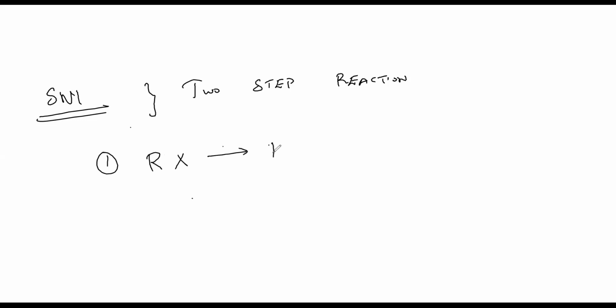That gets split into what? R plus and X minus. So RCl is there, it will split into what? R plus and Cl minus. X is the halogen here. Is it clear?